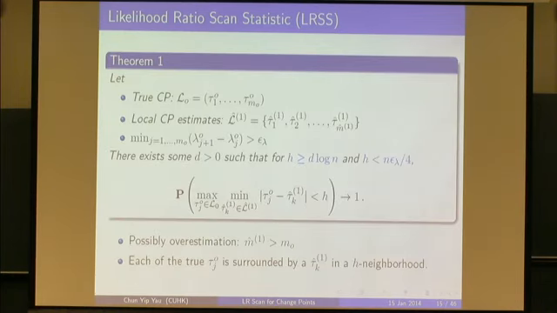For the first step, there is one estimated change point close to the true change point in the h neighborhood. So for each change point I have one estimated change point around it, but it may be overestimated. So what can we do if it is overestimated?